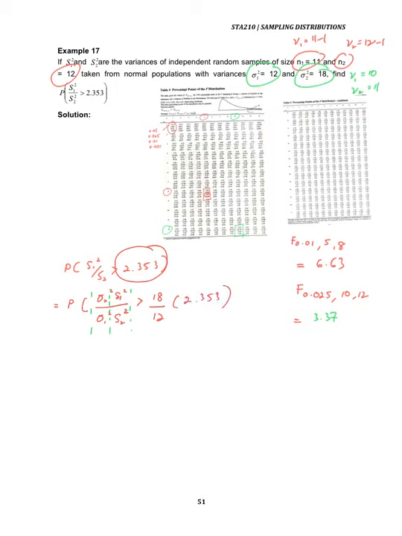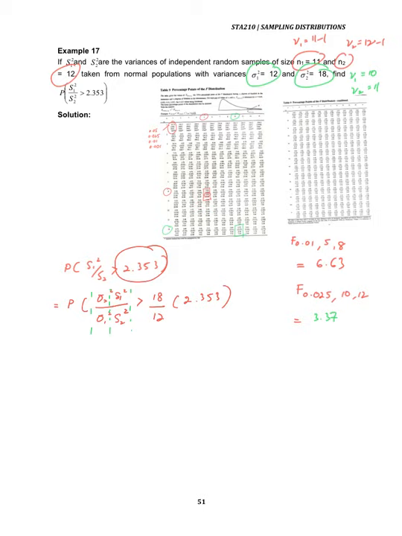Okay, ni 18 per 12 ni value yang dia bagi, kita dah tahu dah. Sigma 1 square 12, sigma 2 square 18. Okay, tapi dekat formula bila kita tulis, dia akan jadi sigma 2 square over sigma 1 square. So that's why saya tulis 18 bahagi 12 darab dengan S1 square over S2 square.